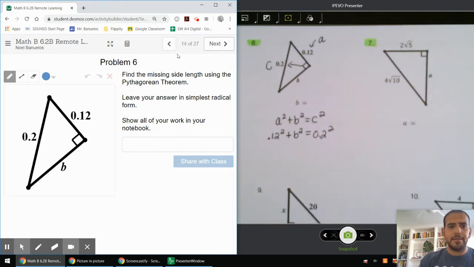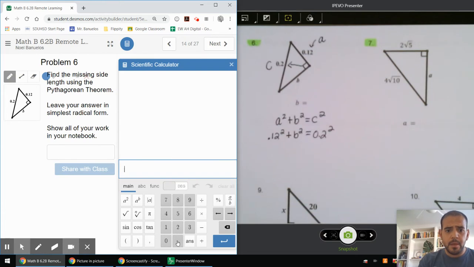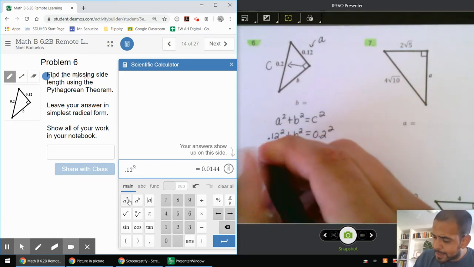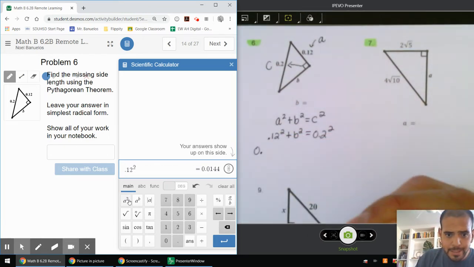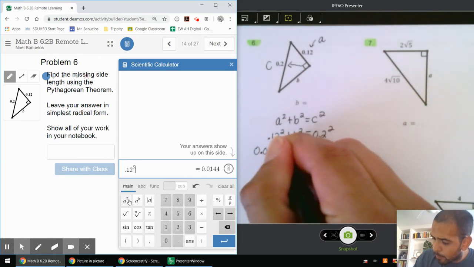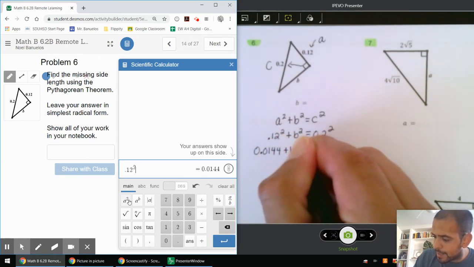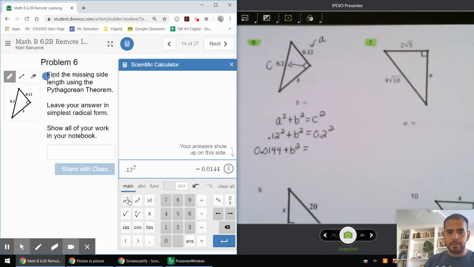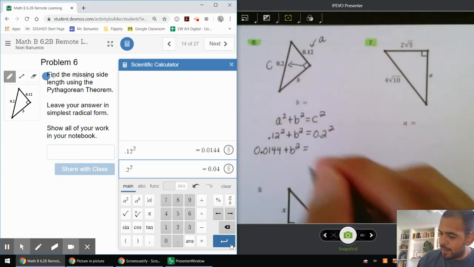I can use my calculator to do some of these calculations for me. 0.12 squared is 0.0144 plus b squared equals, all right, what is 0.2 squared? I'm going to use my calculator to figure that out. No shame in using a calculator because it's a tool that's available.